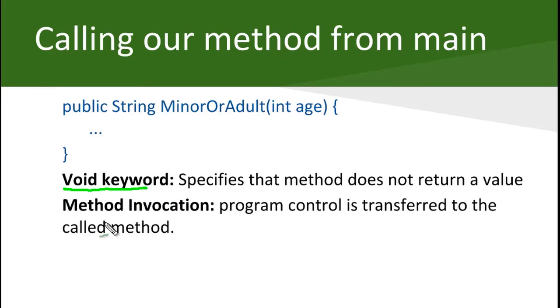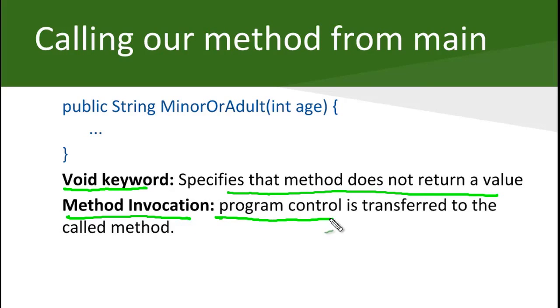So again we'll go through two of the concepts. One was the void keyword. In this example we did not use void because it was returning something. Remember that when a method does not return something, like our first method which was to add two numbers, then the return type is void.